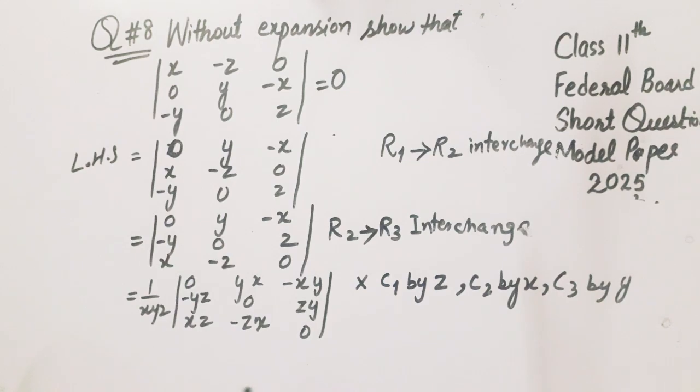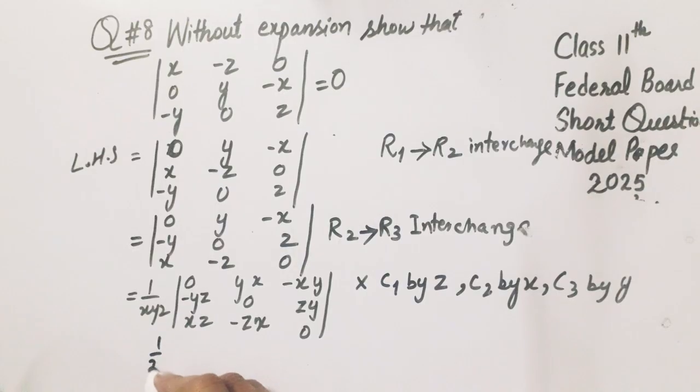Now in the next step you will make any two rows or any two columns identical. For this purpose you will add C1 and C2.